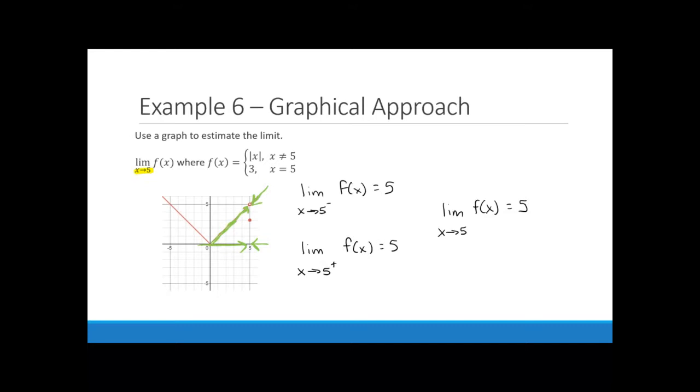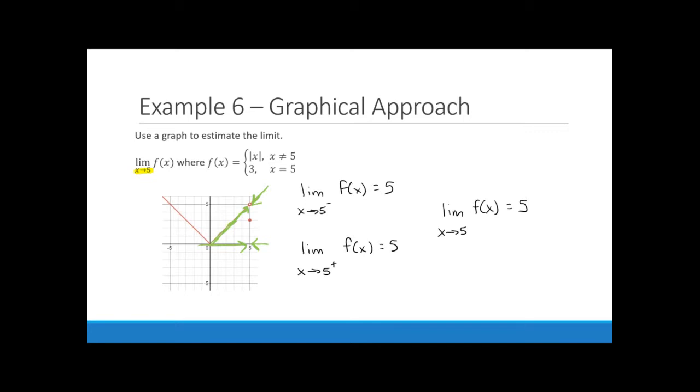Are there other questions or any questions? So in the actual function equation there, with x cannot equal 5, that's why it's the open circle at that position, and a solid circle at the 3 position.